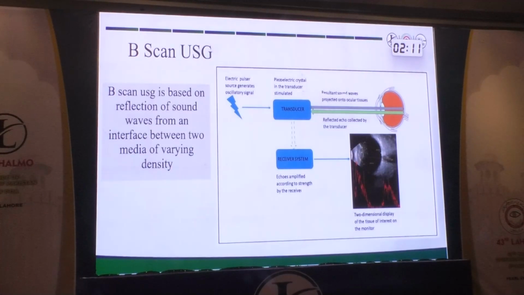Now, how does B-scan work? B-scan is based on the reflection of sound waves from an interface between two media of varying density.